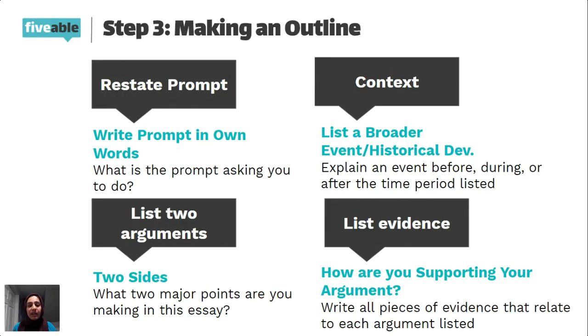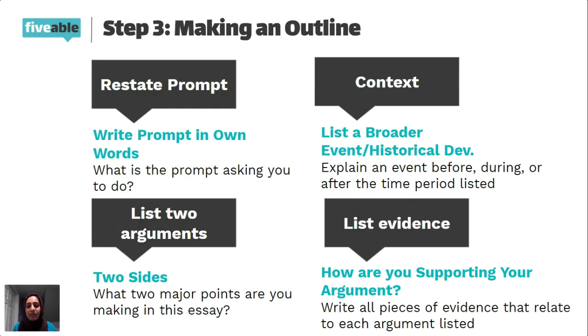For example, if you have a prompt that's asking how did the Columbian Exchange affect the Americas, for your context, you might want to talk about the Portuguese explorations, because that eventually led to the exploration of the Americas. You could talk about Christopher Columbus and how his voyages were sponsored, and then how that led to the exploration of the Americas. So you want to tie your context in with the prompt. You don't want your context to be completely unrelated.